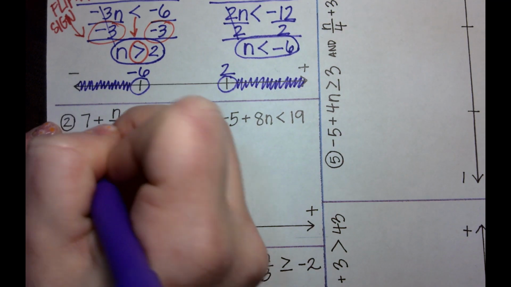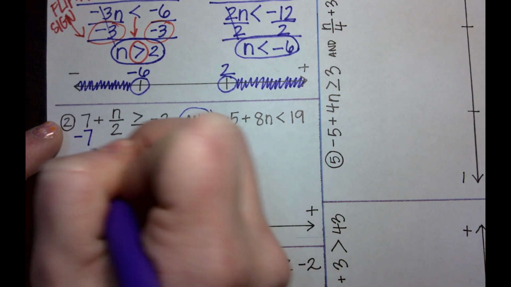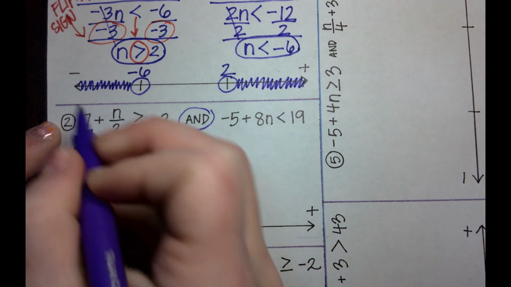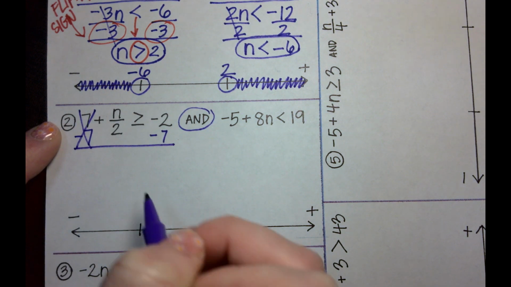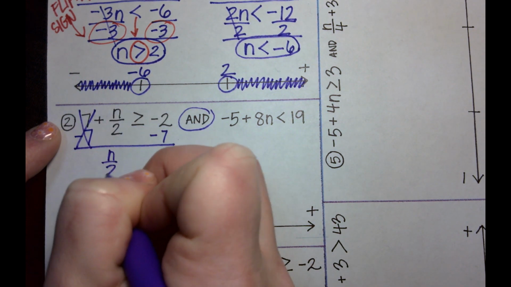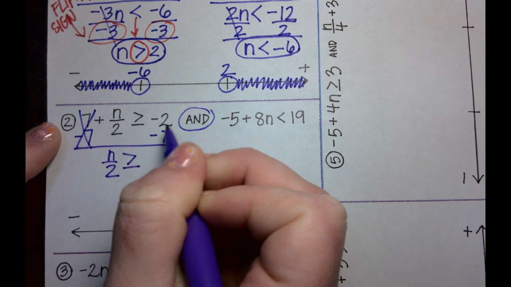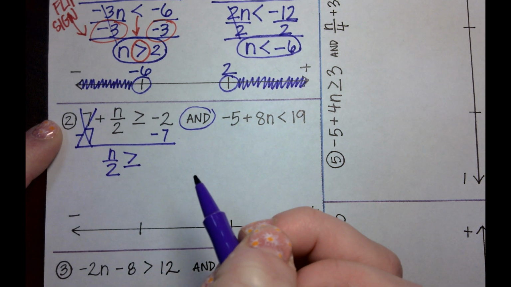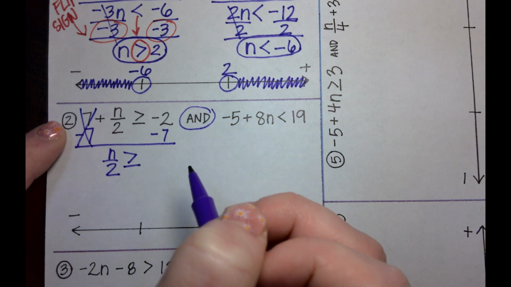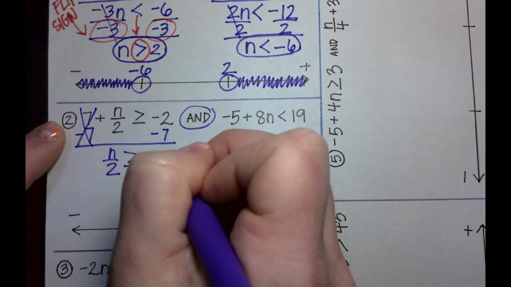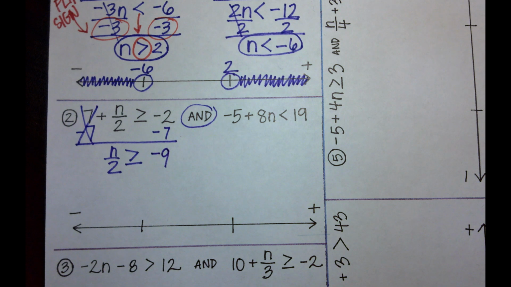Let's get rid of that 7. -7 on both sides. Good. My 7's cancel. Bring down my n over 2, greater than or equal to... Yes, -9. Perfect. Everybody get to this point?